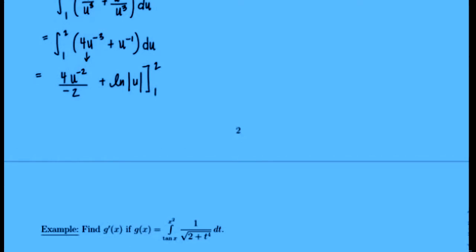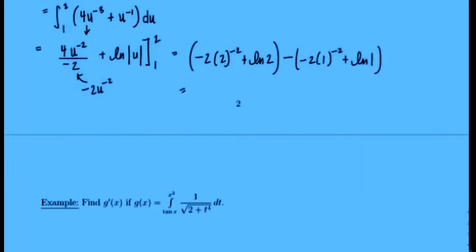All right, now this is basically negative 2 times u to the negative second. So for the upper limit I am going to have negative 2 times 2 to the negative second plus natural log of 2, minus, for the lower limit, negative 2 times 1 to the negative second plus natural log of 1. All right, what are we left with here?